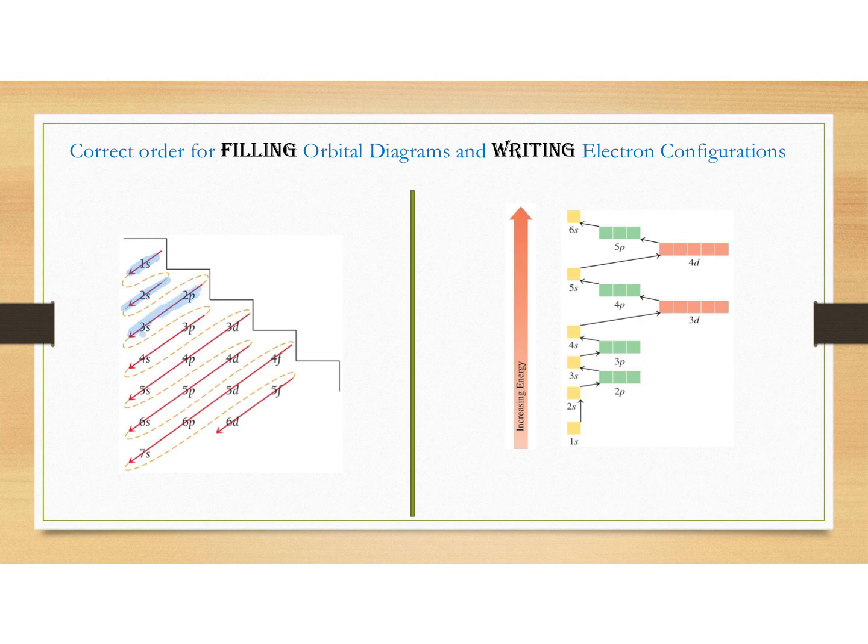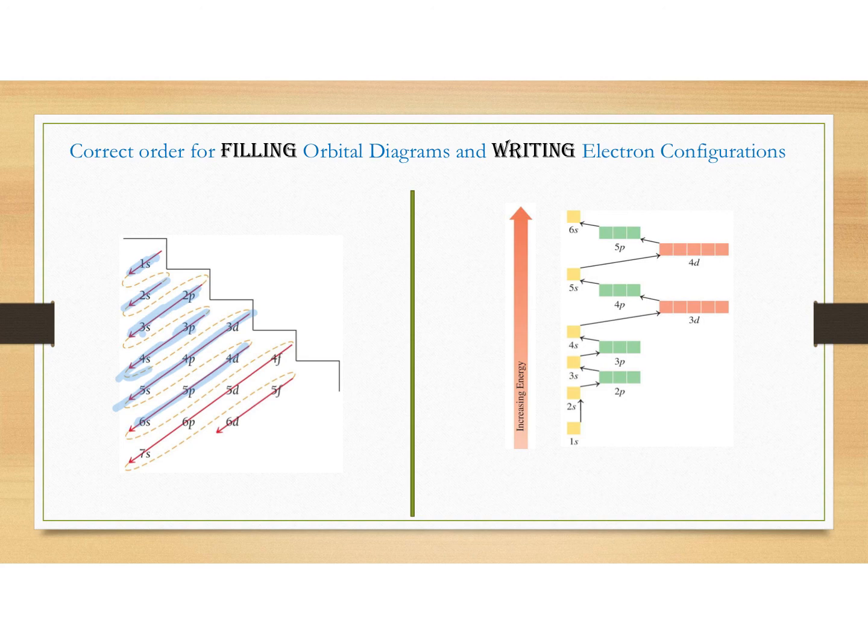Then after I get the 3s filled, I fill the 3p. This is where it starts to get tricky. Once I fill the 3p, then I go to the 4s. Once I get the 4s filled, then I go back to the 3d, fill the 4p and the 5s, and so forth. Okay? So it's going to be very helpful and beneficial for you to use this particular chart in order to know how to count the orbitals as these atoms get larger.